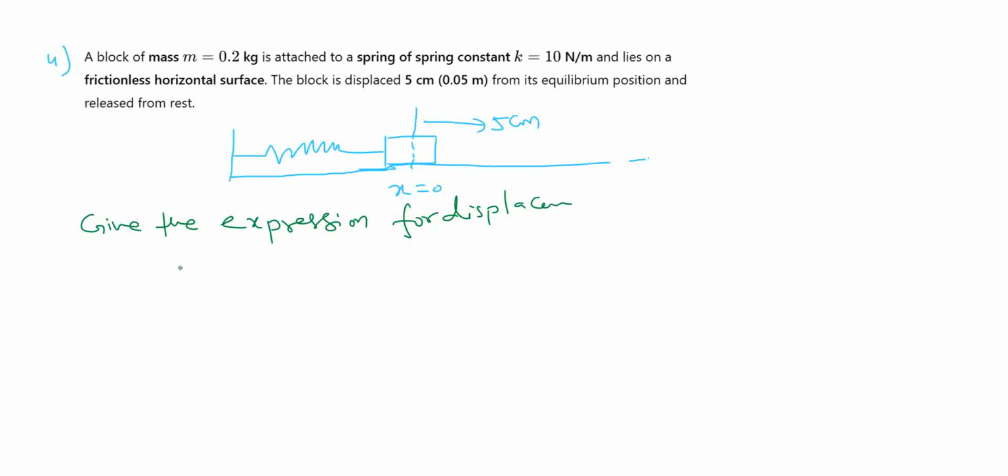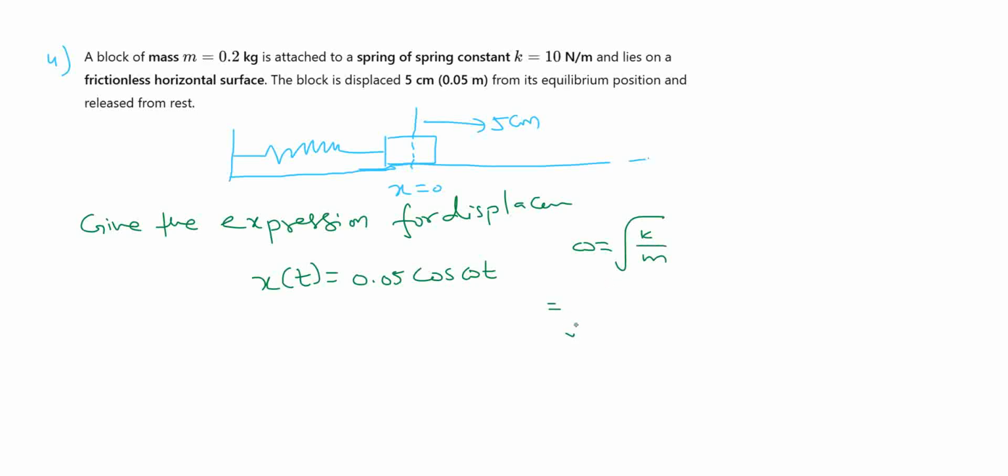So we have already calculated this in the first problem itself. So I'm just directly writing it as x of t is equal to A cos omega t, but A is here 0.05. That's the displacement, and cos omega t, and we can calculate omega as under root k by m.